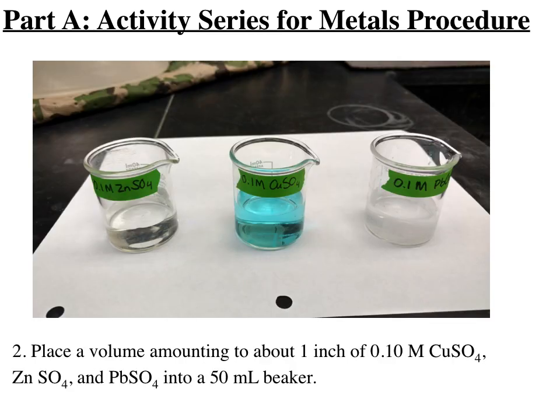Next, get 3 small beakers and put about 1 inch of 0.1 molar zinc sulfate, 0.1 molar lead sulfate, and 0.1 molar copper sulfate into each. You will note that the 0.1 molar copper sulfate, by the way, has that distinct blue color characteristic of copper plus 2 cations in solution. This is true for any copper plus 2 solution.